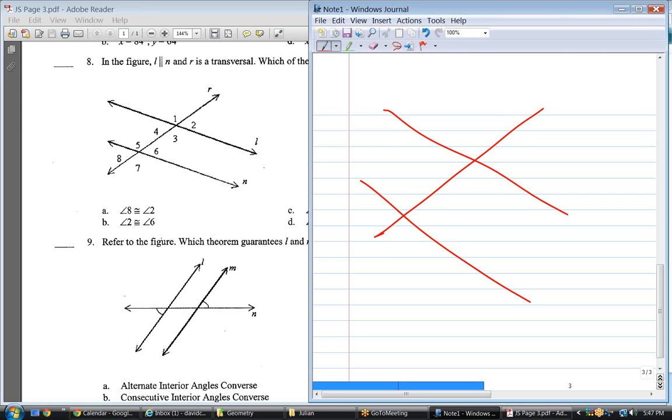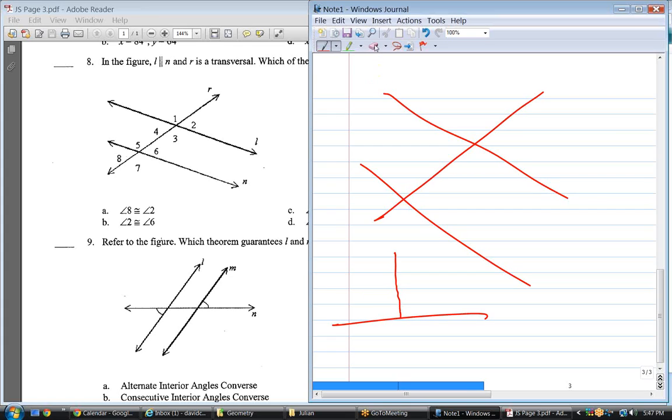The one thing you absolutely have to be able to do in geometry is distinguish between an acute and an obtuse angle. And that skill merely requires you to be able to draw a perpendicular. If you can draw a perpendicular, then you can figure out whether an angle is obtuse or acute.